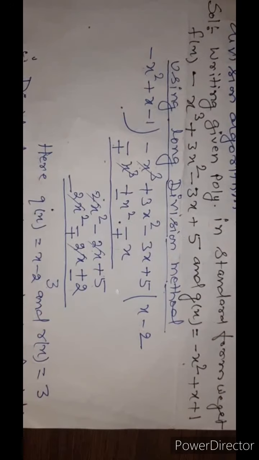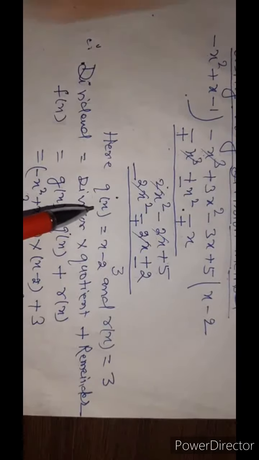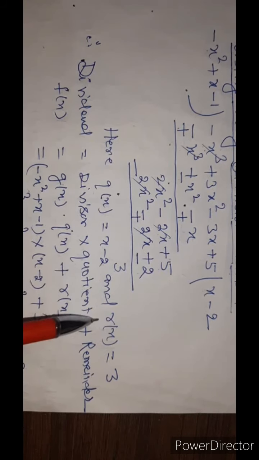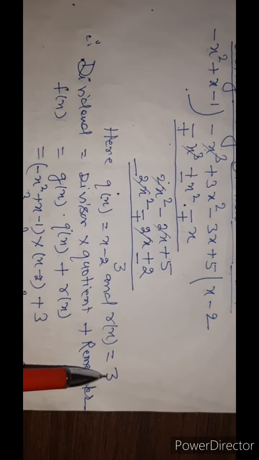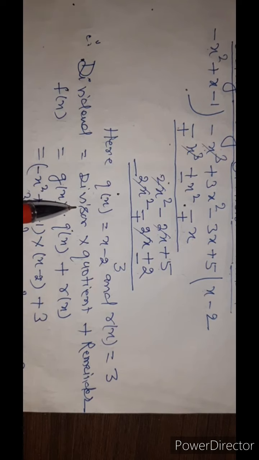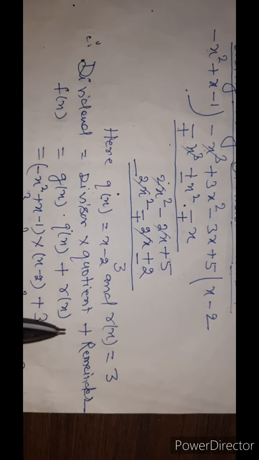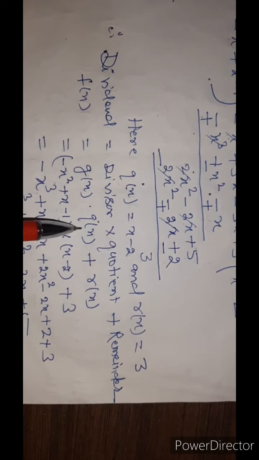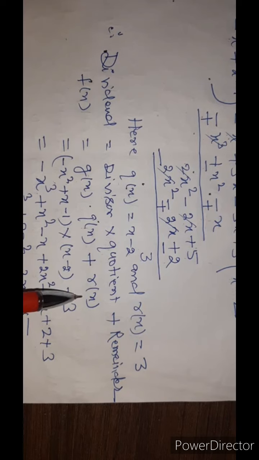Here q of x is equal to x minus 2 and r of x is equal to 3. Now verify the relation: dividend equals divisor into quotient plus remainder. f of x is equal to g of x into q of x plus r of x.